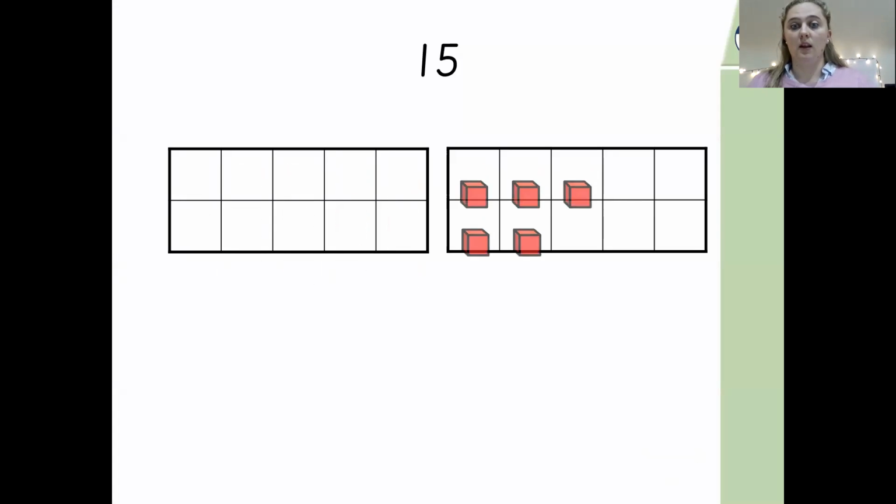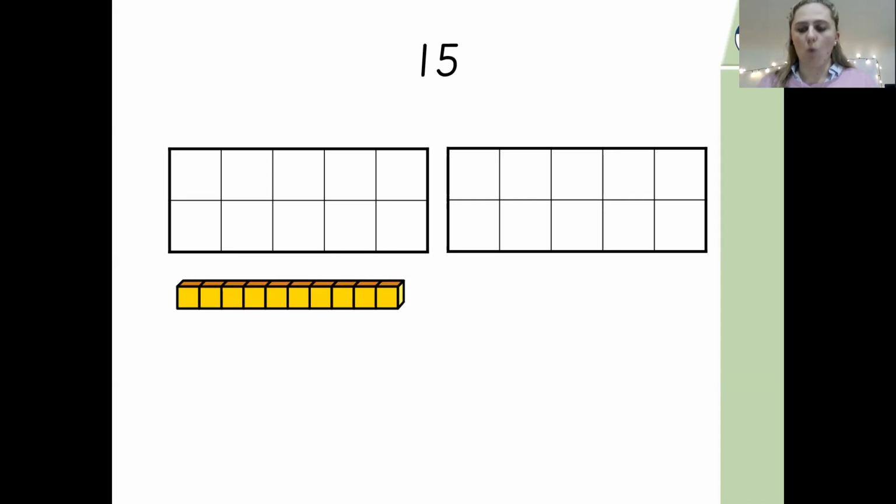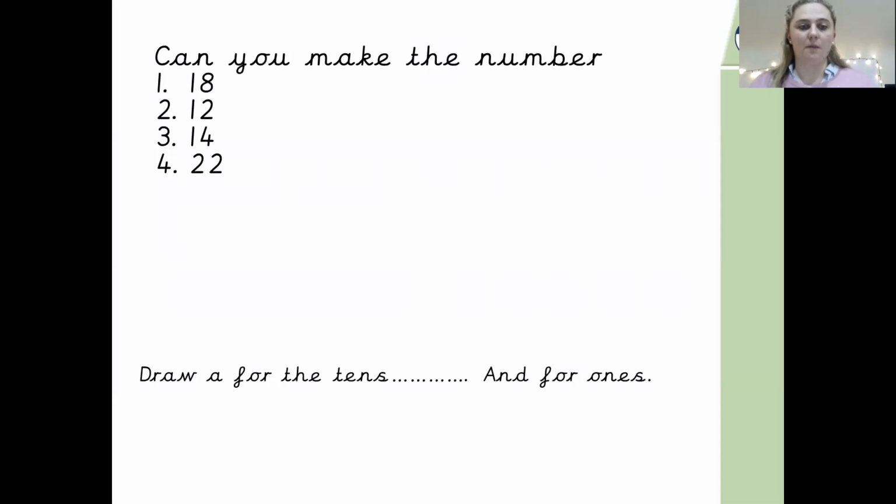So I have 1 ten and 5 ones. There we go. 1 ten and 5 ones makes 15. Really well done. This is really complicated stuff.